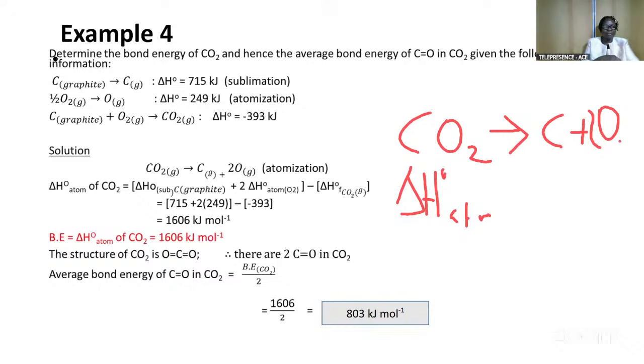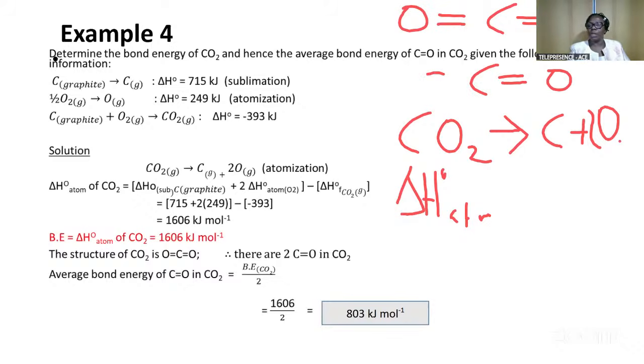If you don't have all the atoms giving you CO2, then you cannot know the bond energy of C double bond O in CO2. Don't forget, CO2 is going to have C double bond O, 2 of them. So you have 2 CO there, but we are still going there. That's not where I want to start from.